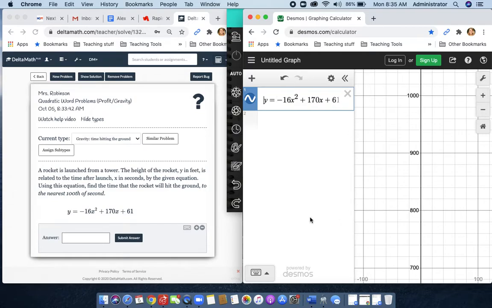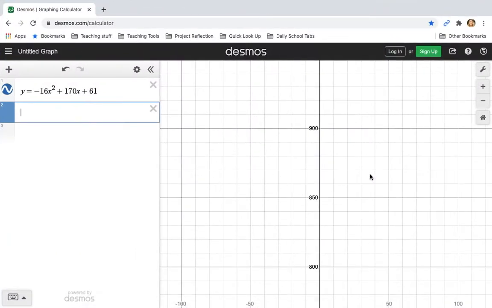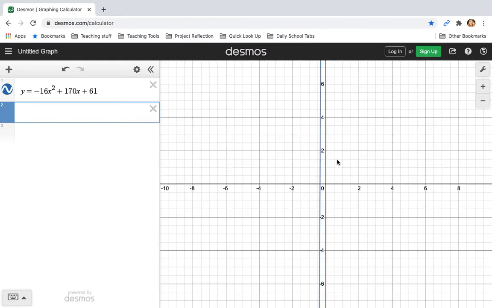All right, I'm going to graph that and open my window up. Clearly I've changed it and I don't see it, so I'm going to hit this home button. See how it takes me back. By the way, if you wanted to change the color, you could come over here and make it whatever color you like. You've got all these options. You can make it dotted if you want, but leave it solid.